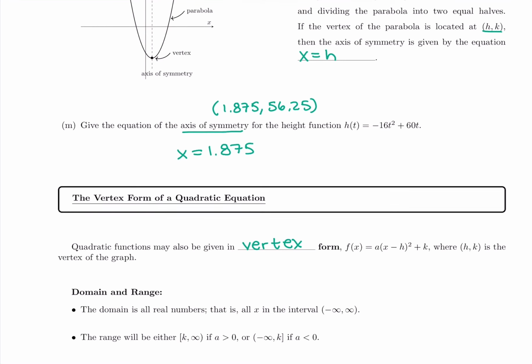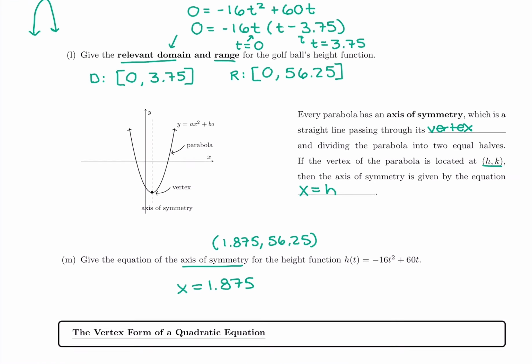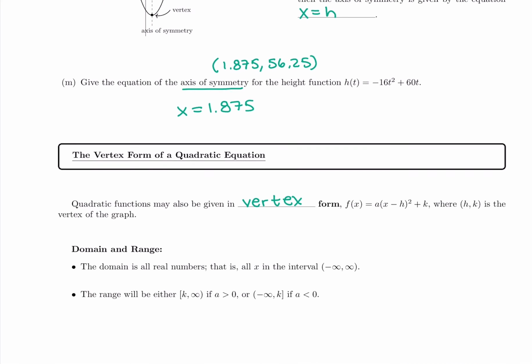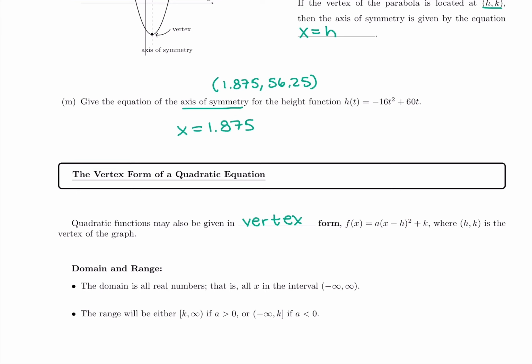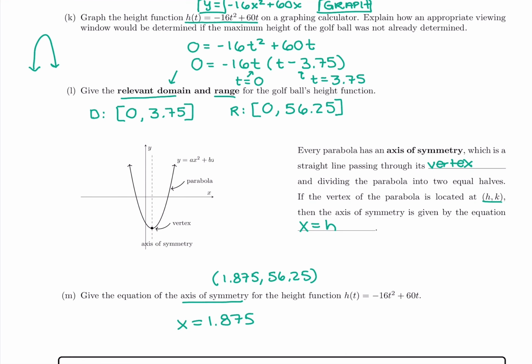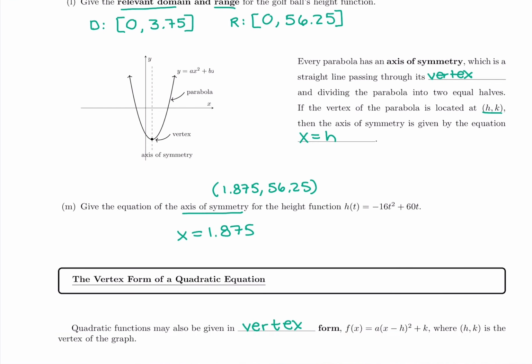If we're not talking about word problems specifically, the domain is going to be all real numbers. Our domain was not all real numbers because the ball wasn't in the air from negative infinity to positive infinity. Our ball was in the air from 0 to 3.75 seconds. And then the range is usually from that vertex to infinity or negative infinity to that vertex. Ours was not negative infinity to our vertex because the lowest the ball could be was 0, so it went from 0 up to the vertex.